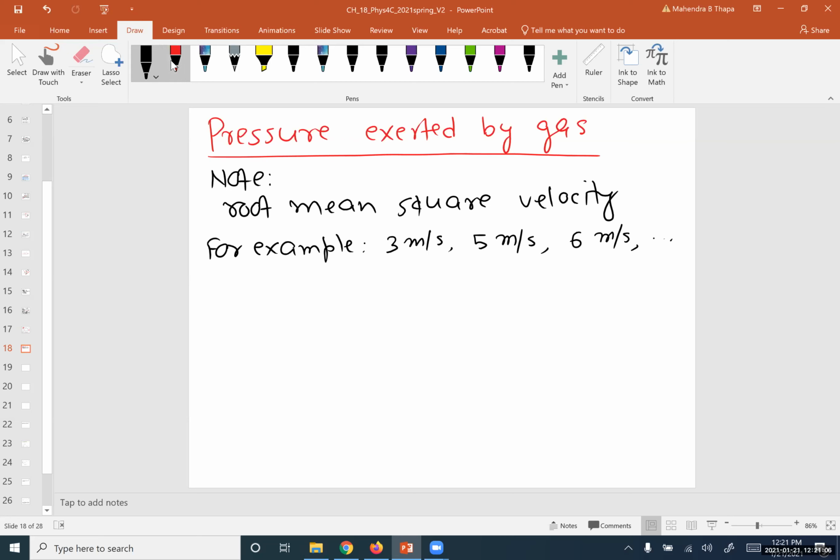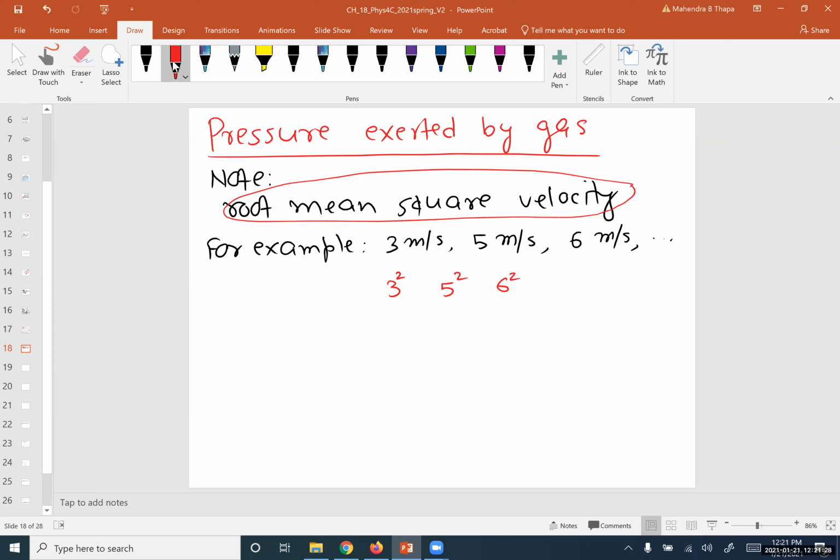So my goal is to find the root mean square velocity. So at first what I do, I square the velocities. Okay, so 3 squared, 5 squared, 6 squared.